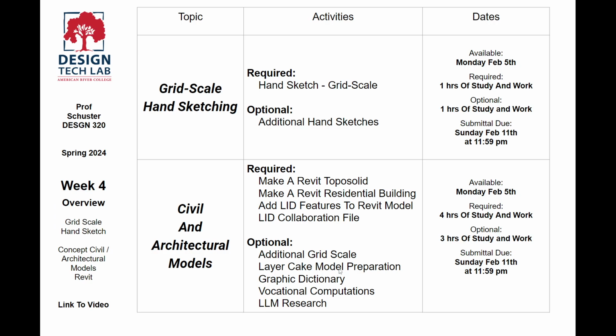There's a graphic dictionary. The vocational computations are all about typical values that you'll need to do low impact design. They're all done based on amounts of rainfall over given areas and percent permeable and things like that.